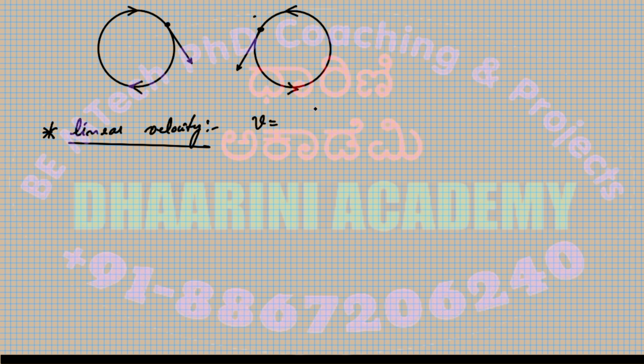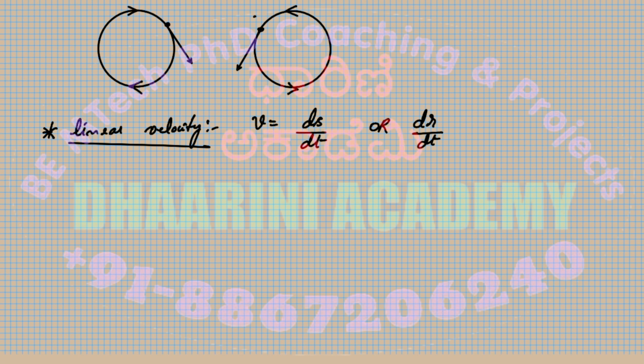Velocity is equal to ds by dt, where s is the distance covered, right? Some of the books will write this as dr by dt, where r is the distance covered. Using this, we can write the linear velocity at any point of time. It's a normal equation.